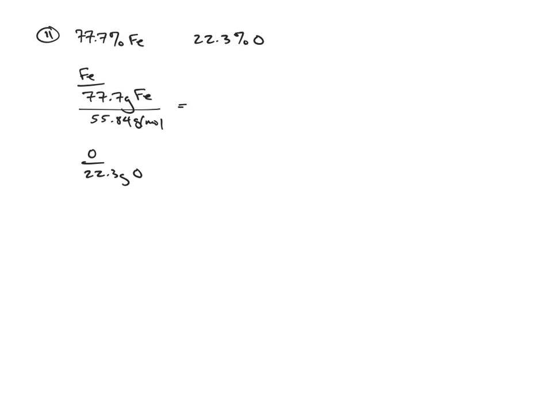Okay, so 77.7 divided by 55.84. That is 1.39 moles of iron. And this one, divided by its molar mass of 16.00 grams per mole. Okay, so 22.3 divided by 16. That gives us 1.39 moles of oxygen.